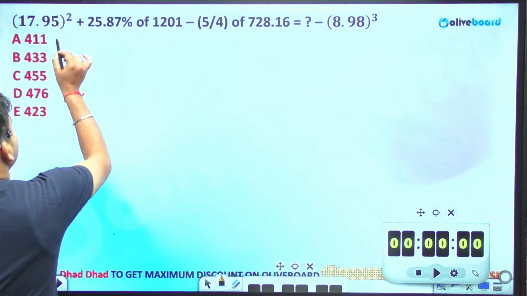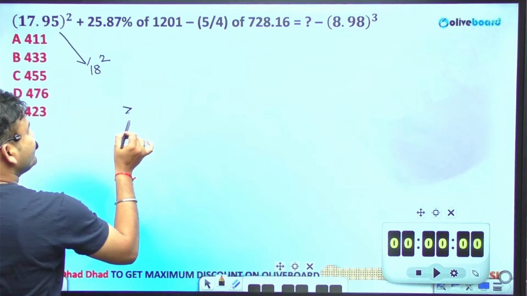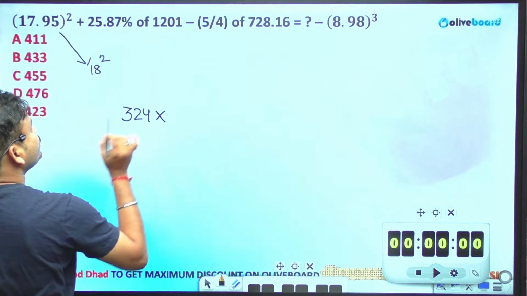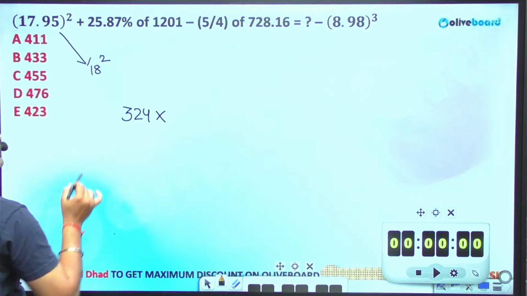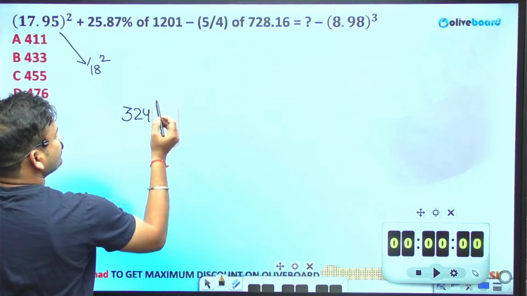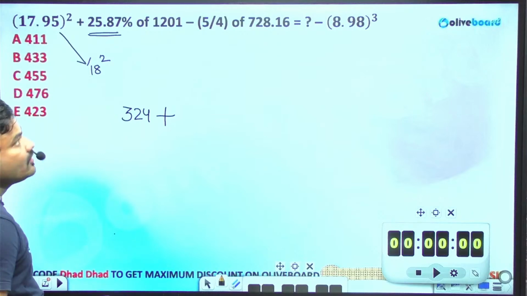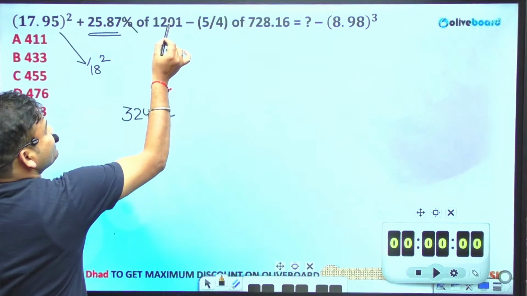What about this? This can be written as 18 square, that is equal to 324 times 25.86%. See, that can be written as this is plus now. So plus of, it can be written as 26%. Percentage 00 will be eliminated completely.